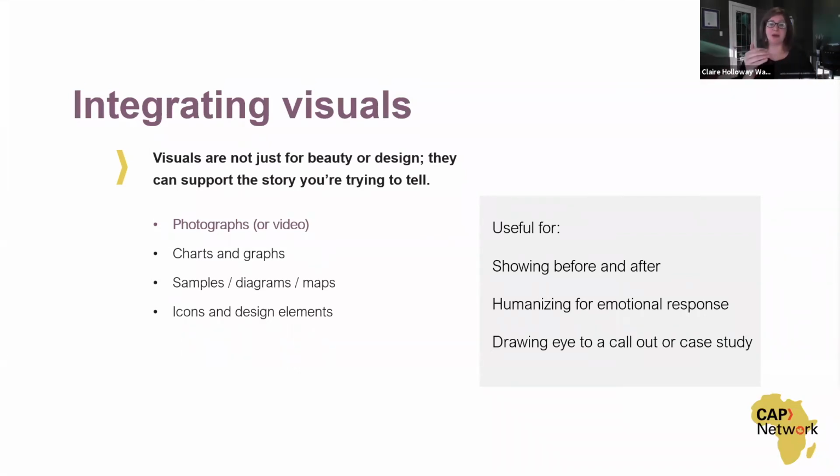So if you're talking about training farmers, a cute photograph of a little child is probably not the appropriate image to choose because it has nothing to do with the story you're telling about farmers. It can be used to draw the eye to something you really want stakeholders to read as a key takeaway.